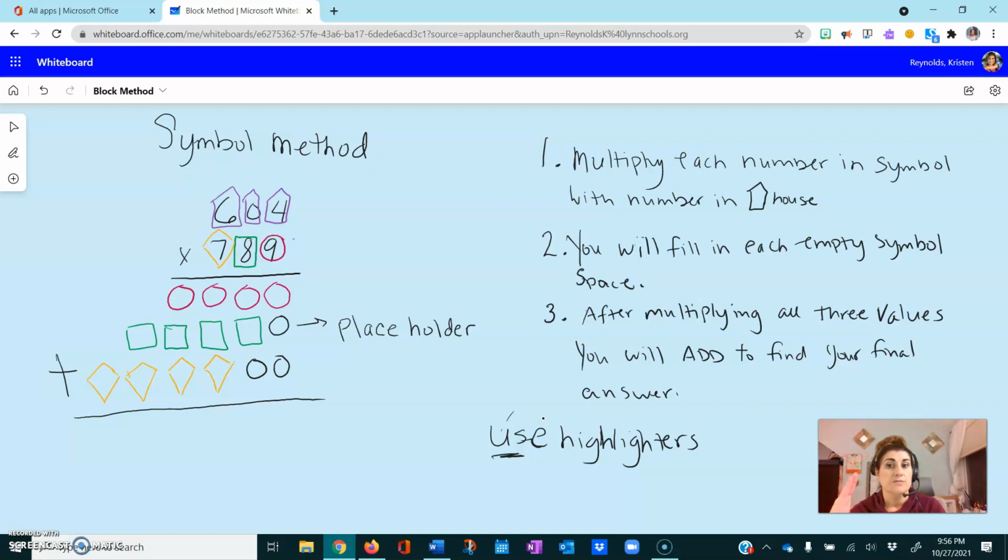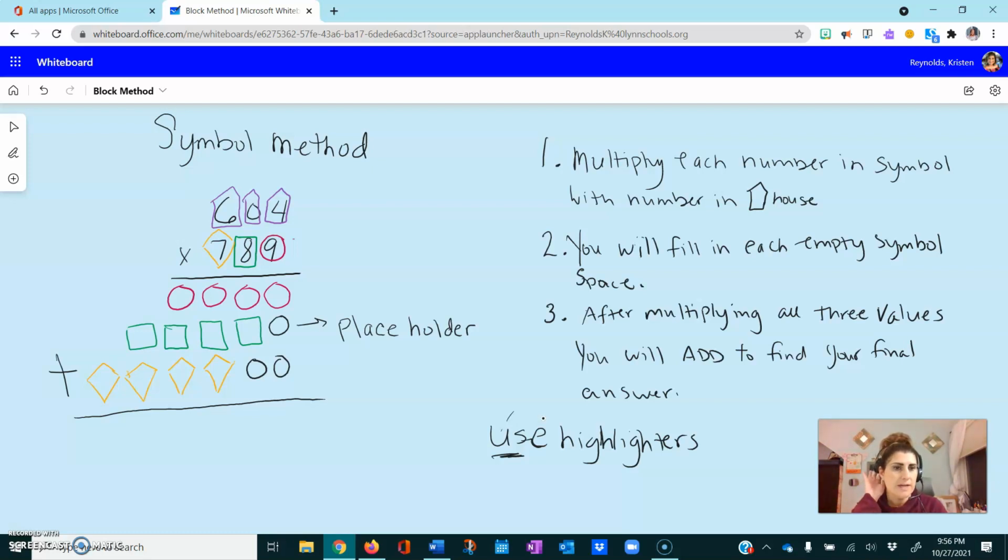As you see here for the third line, where the diamonds are, I have 2 placeholders. Why? Because we're no longer dealing with the ones. We're no longer dealing with the tens. We're now dealing with the hundreds column. It would continue on if this number was in the thousands or further.